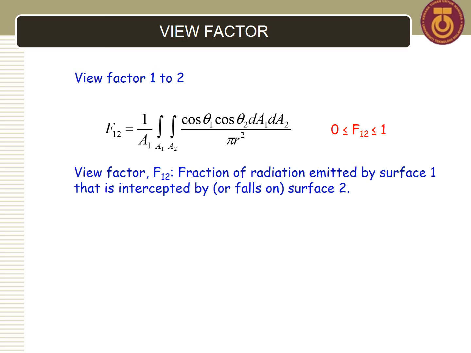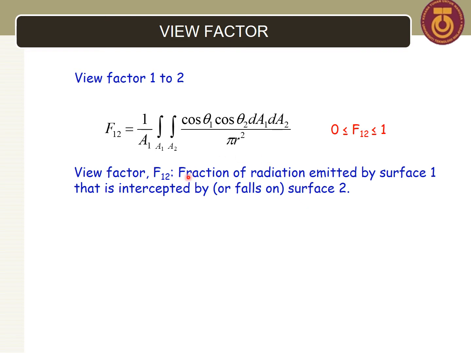By definition, view factor F12 is the fraction of radiation emitted by surface 1 that is intercepted by, or in common language, falls on surface 2. Meaning, in short, view factor tells us how much radiation emitted by a surface, let's say surface 1, falls on another surface of interest, that is surface 2.